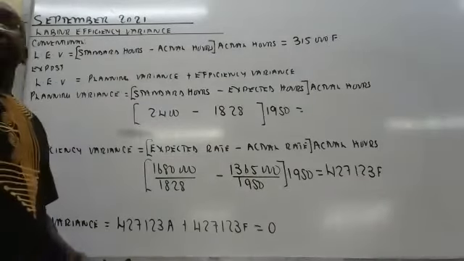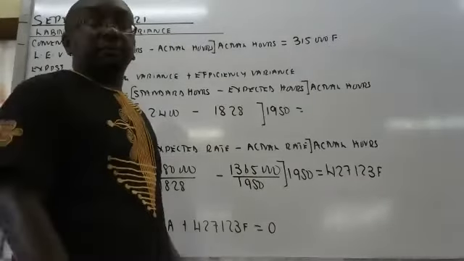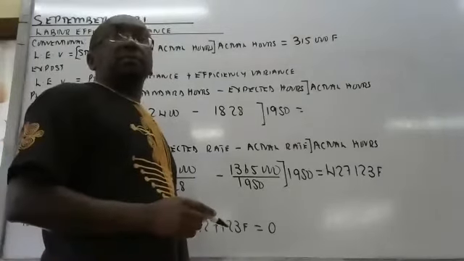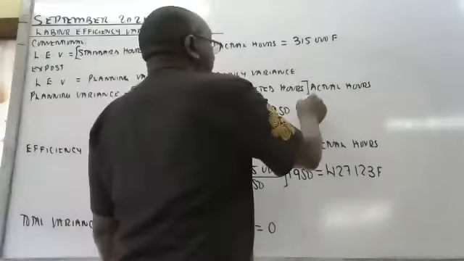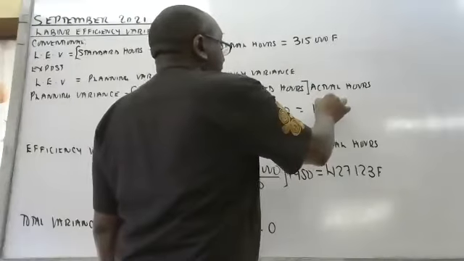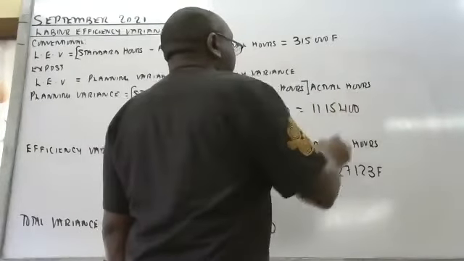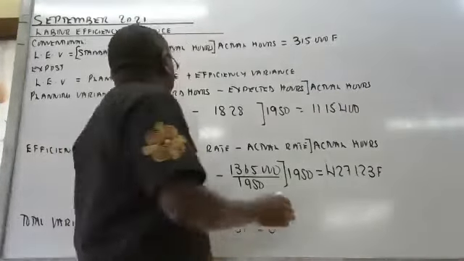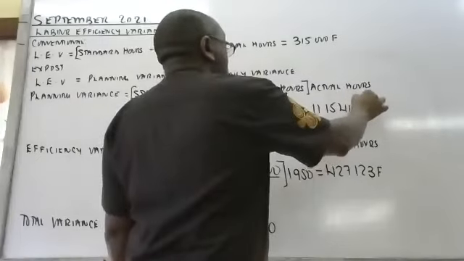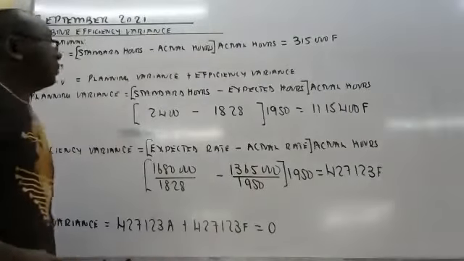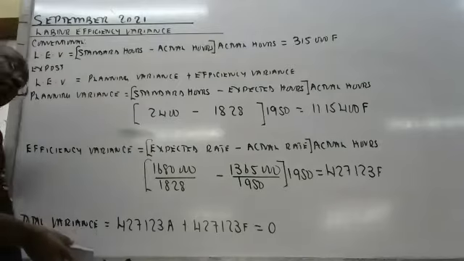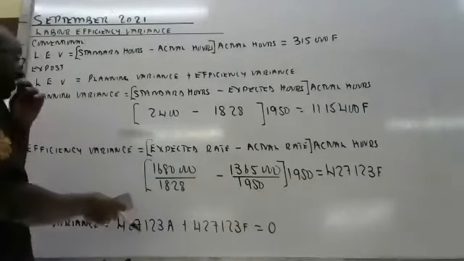What is the answer? 400, favorable. Favorable, because we should have used fewer hours.